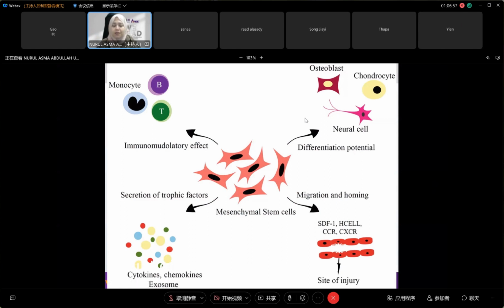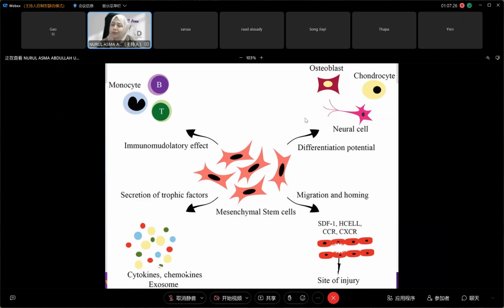cytokines, chemokines, and also exosomes. I'm not sure whether you have a separate lecture on exosomes, but an exosome is actually a byproduct of cells. So exosomes can be in the form of proteins, RNA, DNA. Exosomes have roles in cell-to-cell communication.